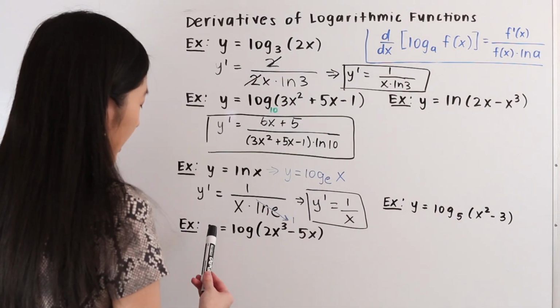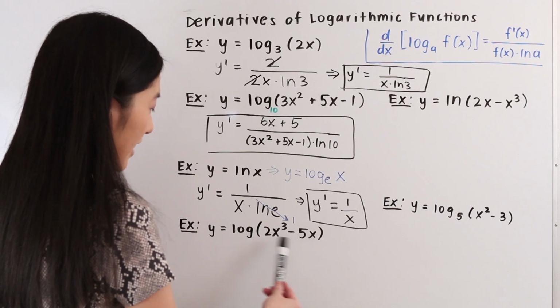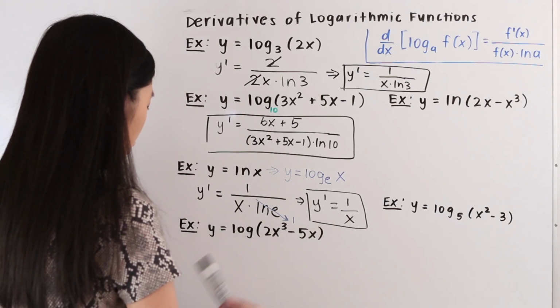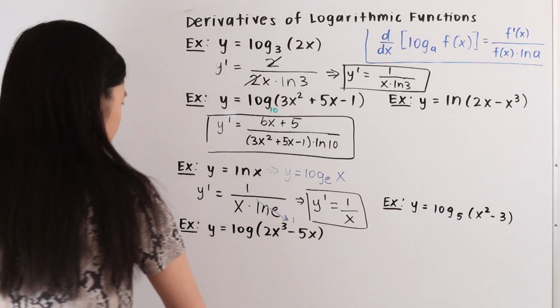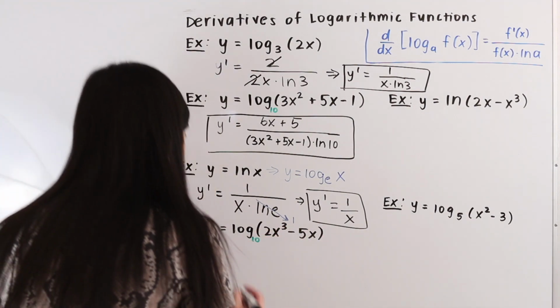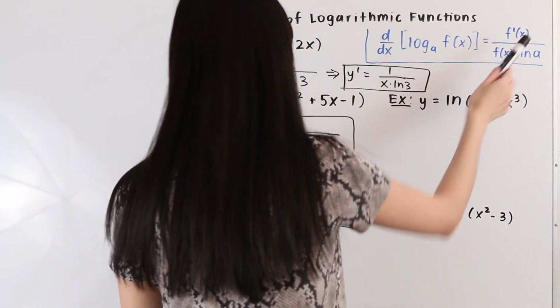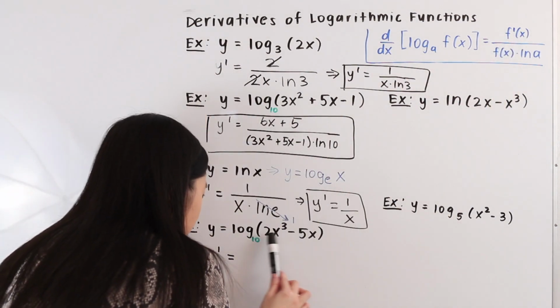In this next example here, we have y is equal to the log of 2x cubed minus 5x. And notice here that we don't have a base specified for our logarithm, which just means that we have log base 10. And so let's go ahead and take its derivative. So we have y prime is equal to f prime of x. So we need to take the derivative of this function here.